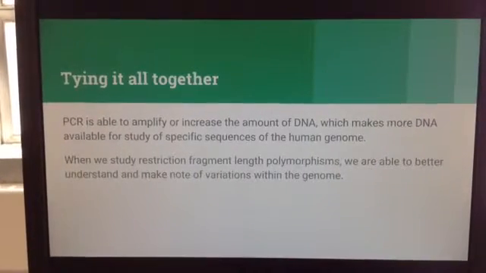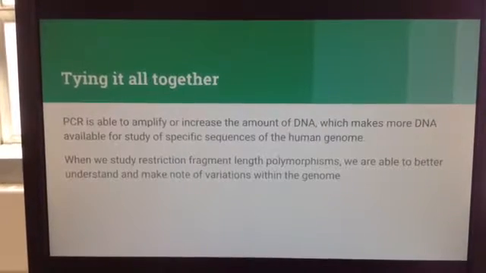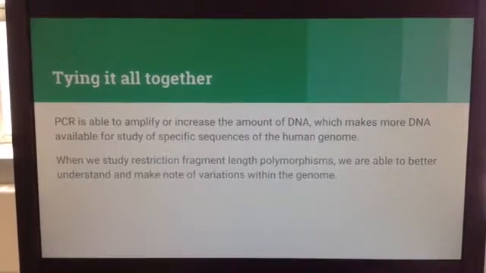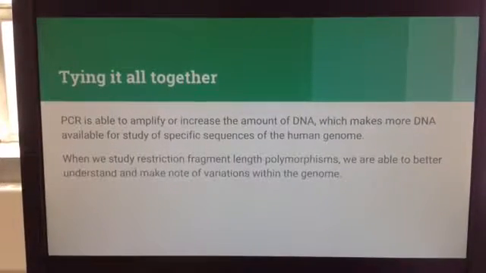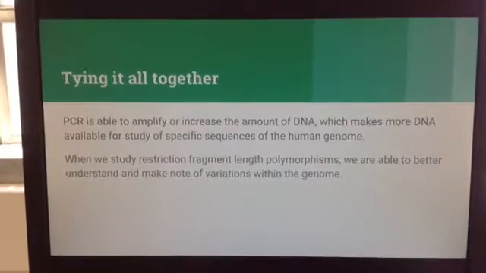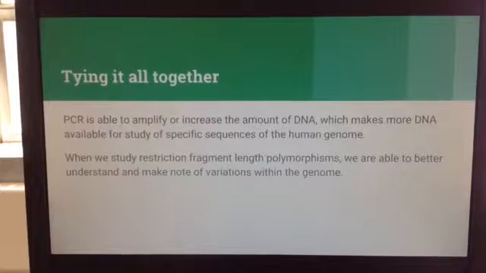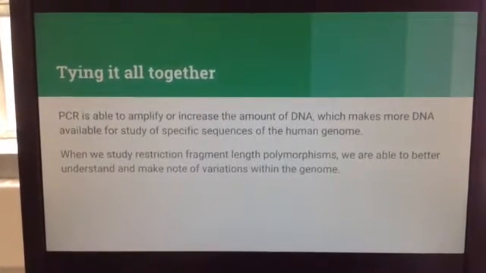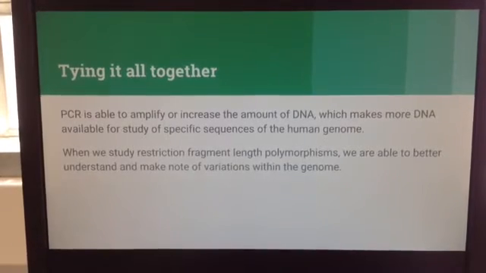PCR is very important in working toward the aim of the project as well, because it's able to amplify, or increase, the amount of DNA. When we have more DNA available, we can better study specific sequences of the human genome. By amplifying DNA, PCR allows us to more easily study DNA sequences of interest. And by studying restriction fragment length polymorphisms, we can better track the polymorphisms of the human genome.